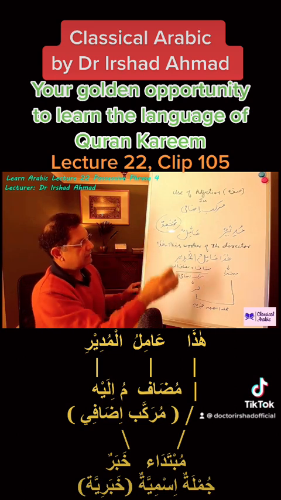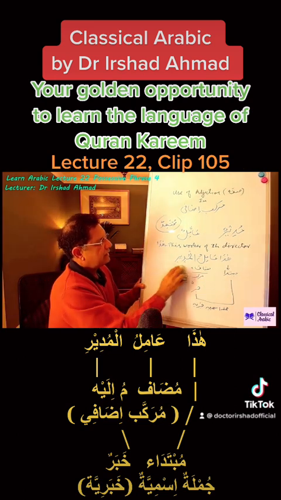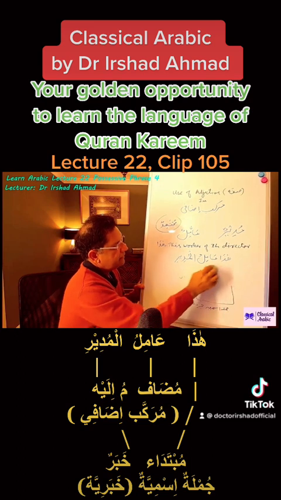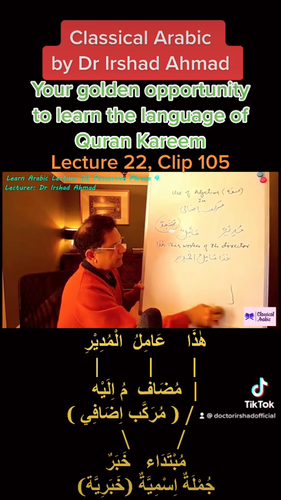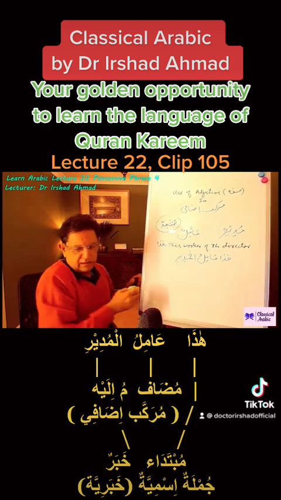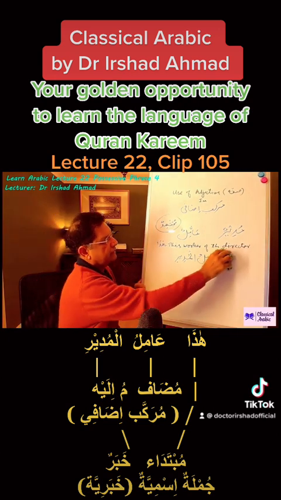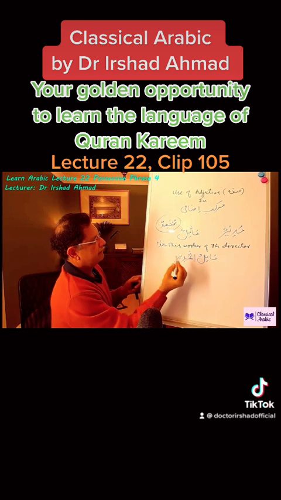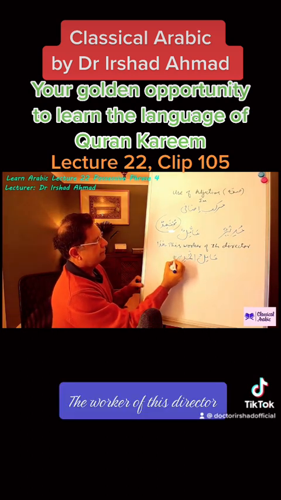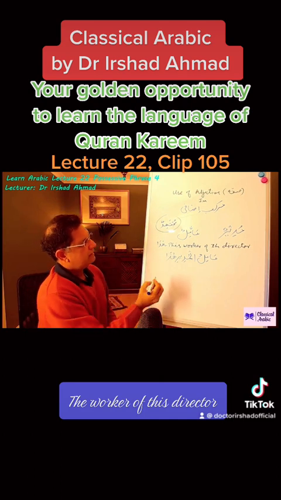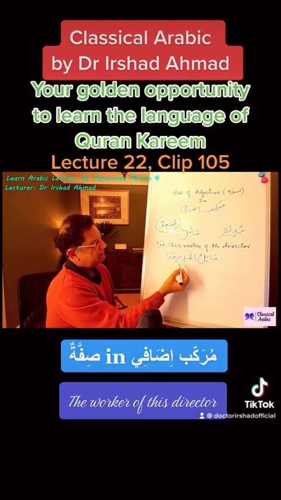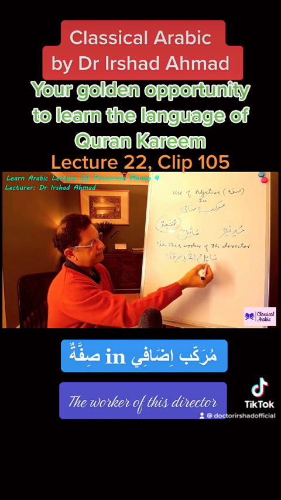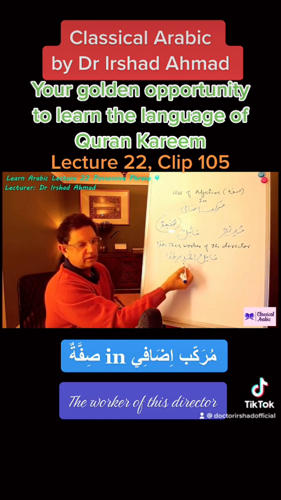Just like in the case of sifa, we can put haza at the end of this construction, haza. So if we do that, and that's the way to do it. So now the translation will be, this worker of the director.